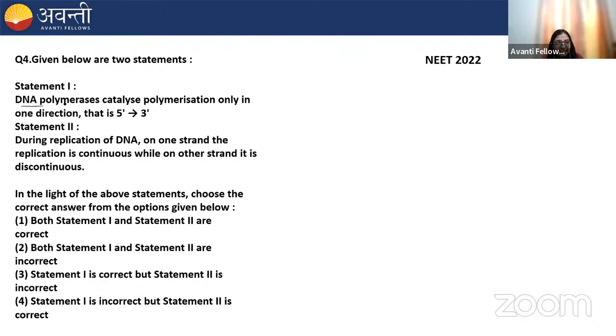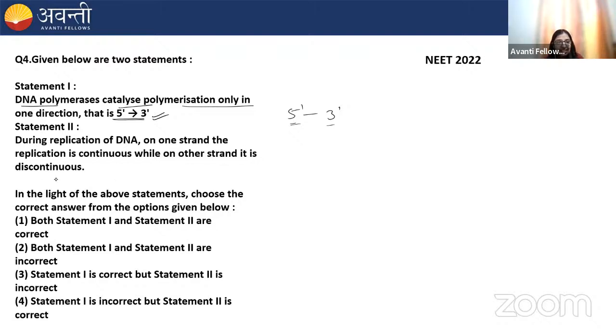Statement 1 is saying that the DNA polymerase catalyzes the polymerization only in one direction, that is 5' to 3'. That is absolutely correct. I told you that replication only takes place in the 5' to 3' direction. That means the synthesis of the new strand will always take place in the direction 5' to 3'. Very good, Shishni.